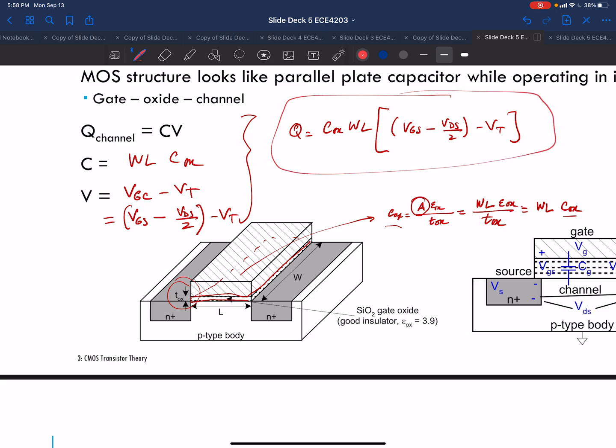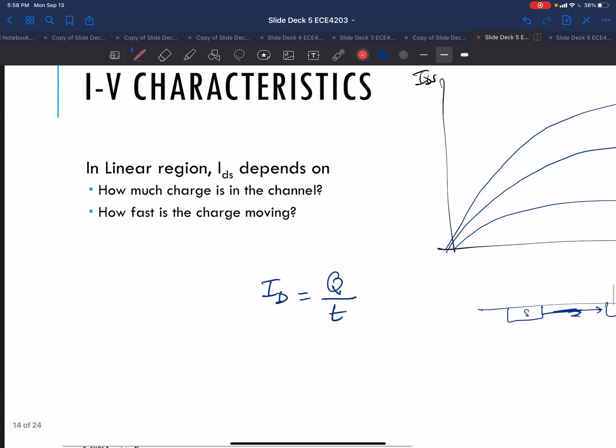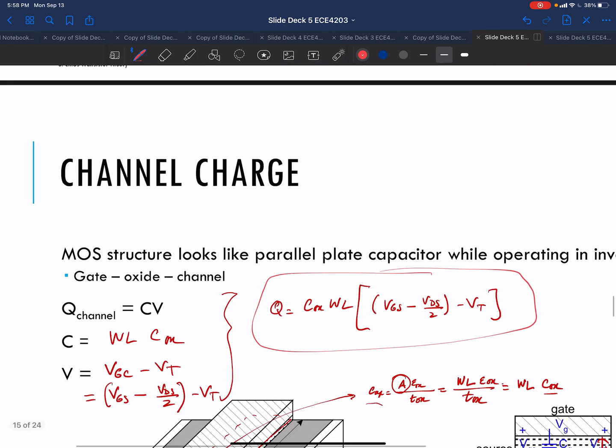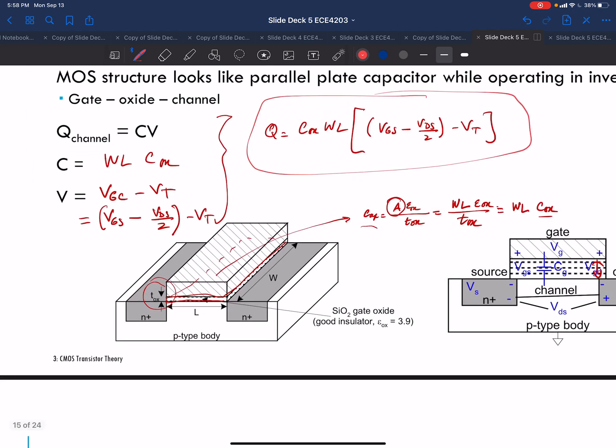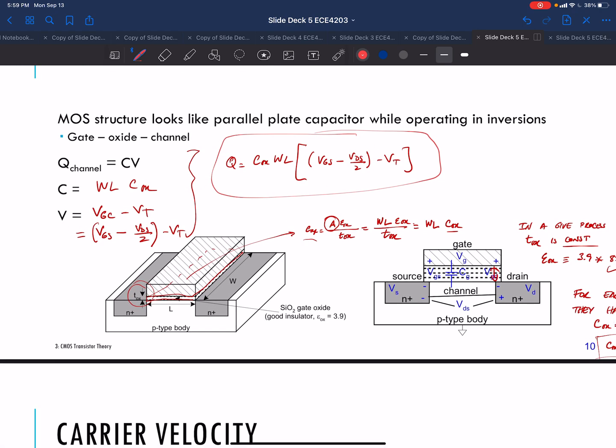So this was the first part of what we were trying to calculate for the current, which is the charge. And in my opinion, the biggest approximation we took was what the actual potential voltage was. What's the voltage across this capacitor at every point in this channel?